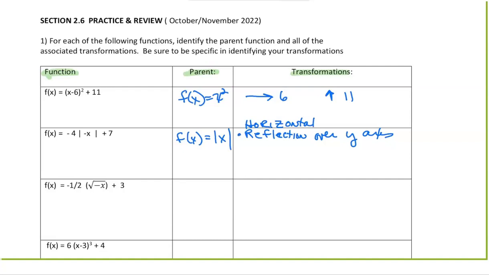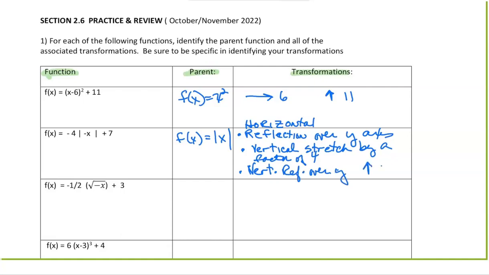Okay, so that's one thing we have. Then we have a vertical stretch by a factor of 4. Then we have a vertical reflection over x, and we're going to shift the whole graph up 7. Okay, those are all the changes.